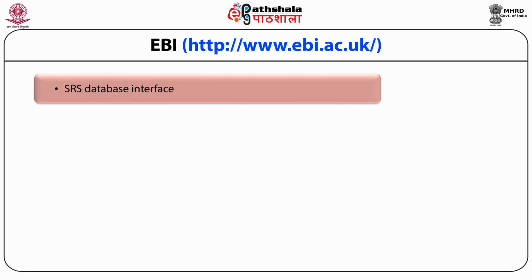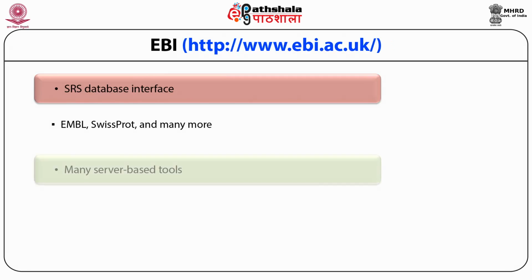We give the basic information about the EBI, which can be found at www.ebi.ac.uk. It has the SRS database interface, which is connected with EMBL, SwissProt, and many more. Many tools are present on the EBI, such as ClustalW, which is used for sequence alignment, and DALI, which is used for structure alignment and searching for similar structures.